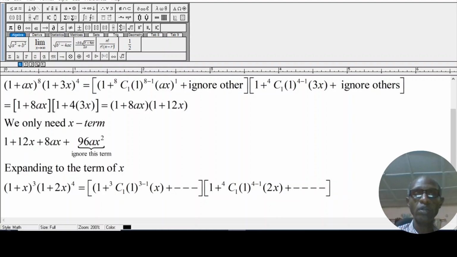So we now have 1 plus 3x in brackets, and then the next one we have 1 plus 4 into 2x.